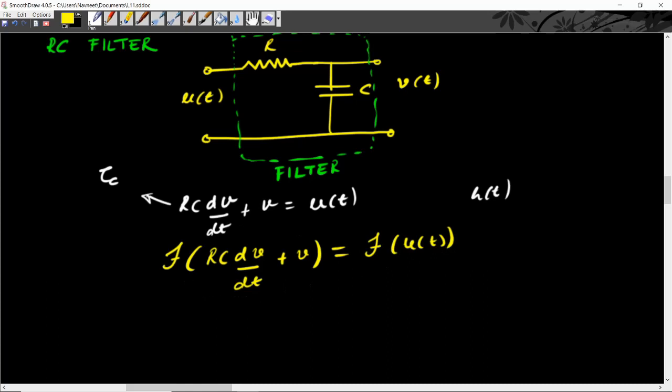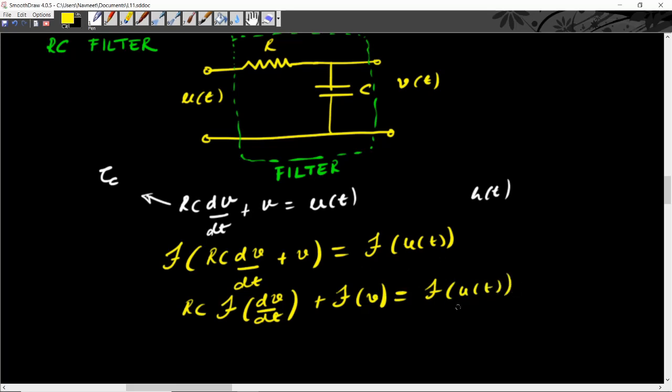And note that from the linearity property of the Fourier transform, the left hand side is equal to the sum of two Fourier transforms for the first term and the second term. Therefore, we can write this is equal to RC, which is a constant, times the Fourier transform of dV by dt, plus the Fourier transform of V, and that is equal to the Fourier transform of u of t.